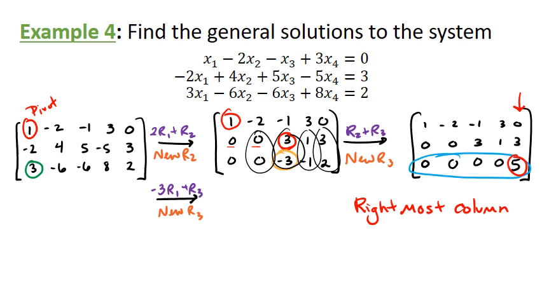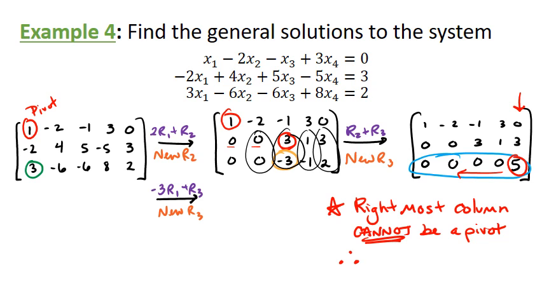If this is a pivot, that means everything to the left of that is 0. If the rightmost column has a pivot, there is a problem. It cannot happen. The rightmost column cannot be a pivot. Otherwise, you get 0 equals some number.